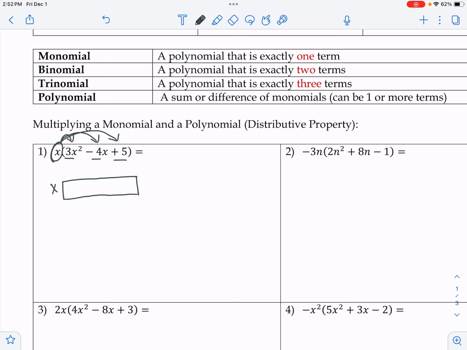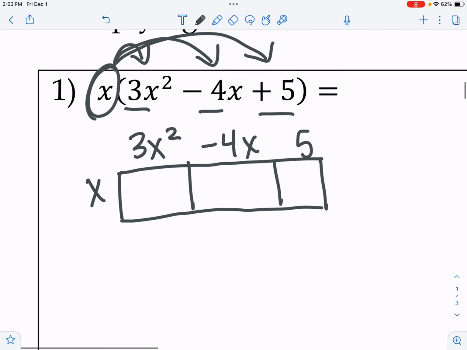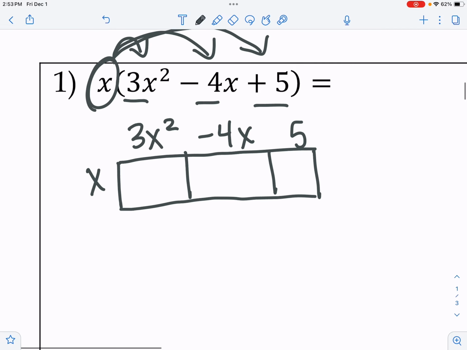And so I'm multiplying x by 3x squared, by the -4x, and by the positive 5. You don't have to write plus signs, but you do have to write minus signs because that means it's negative. The other thing I like to do is fill in some invisible 1s for the coefficient and the exponents.